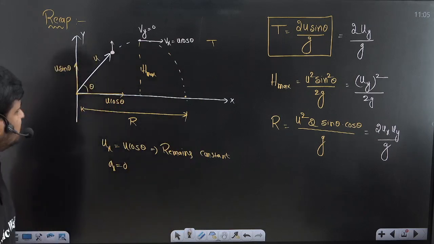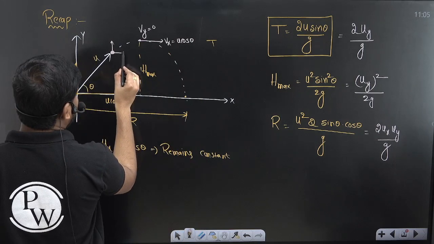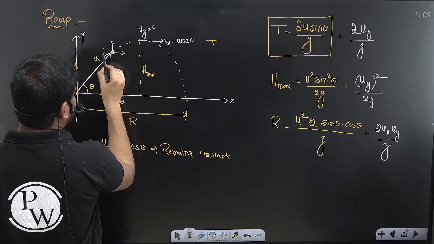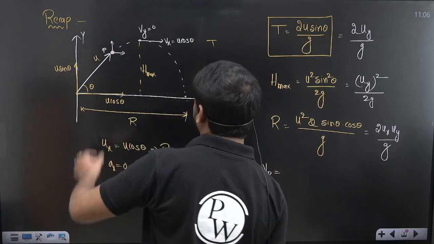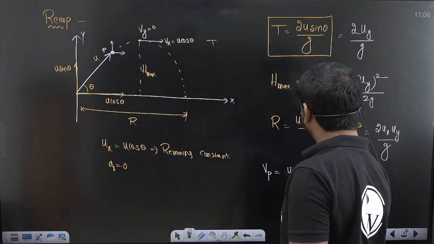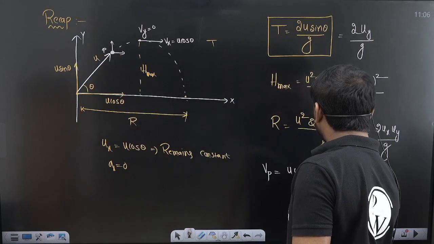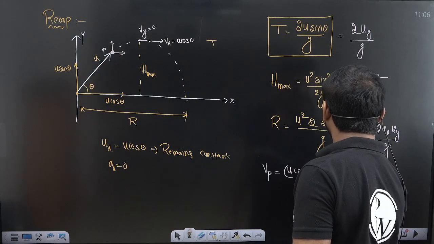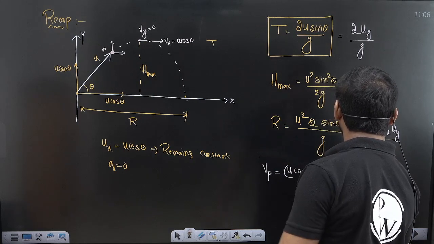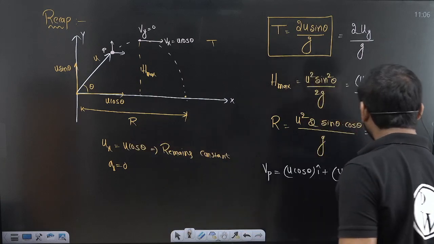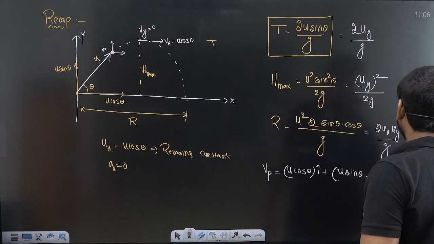Suppose you need the velocity at a point P. The horizontal component remains the same, u cos theta, but the vertical component changes: u sin theta is the original one, and it decreases by gt, so it is u sin theta minus gt.